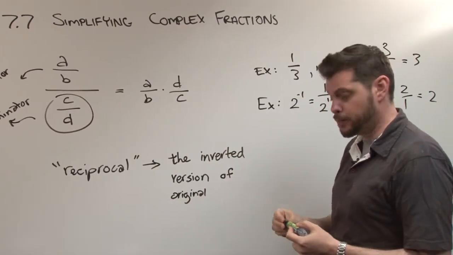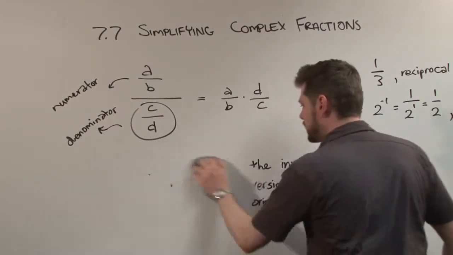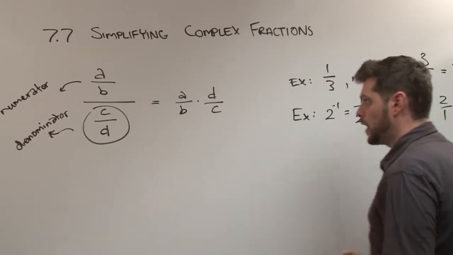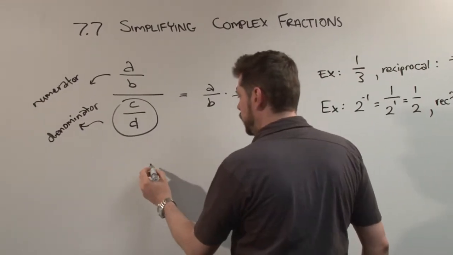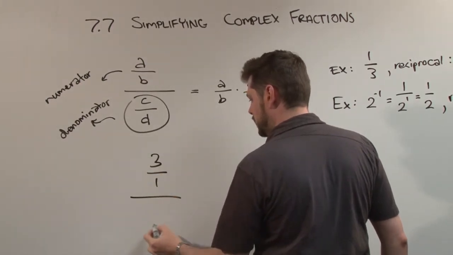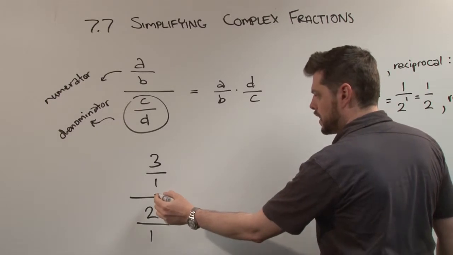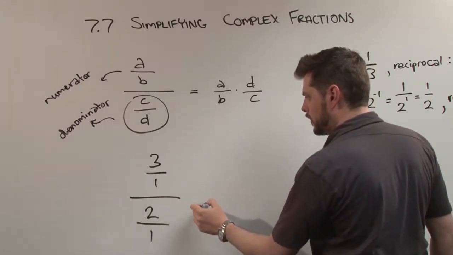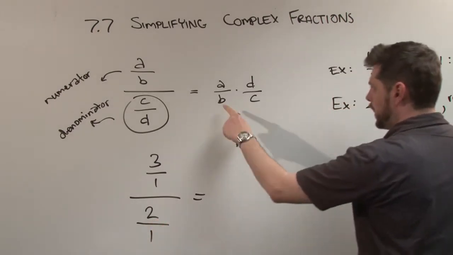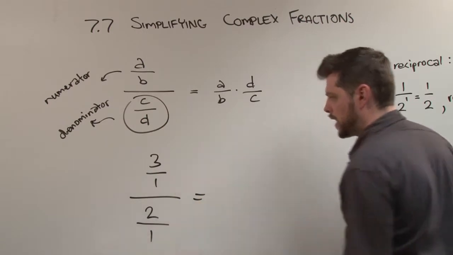And now I should probably prove why this is true, or demonstrate why this is true. So let me take an example quickly and show you why this works. And I will use fairly easy versions of this. So what I'm saying is that if I flip this bottom and multiply, I should get the same thing as if I were to divide the top by the bottom.